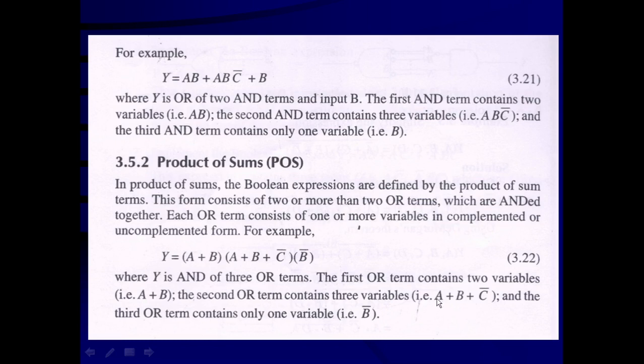The first OR term contains two variables A and B. The second OR term contains three variables, that is A, B and C bar. And the third OR term contains only one variable, that is B bar.